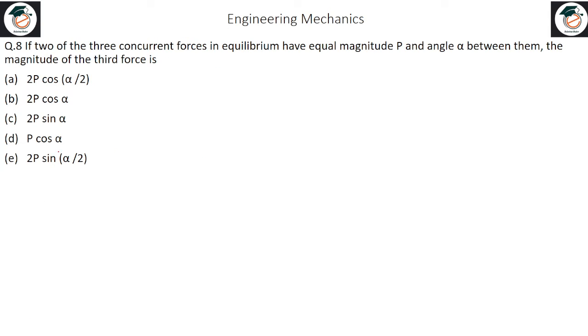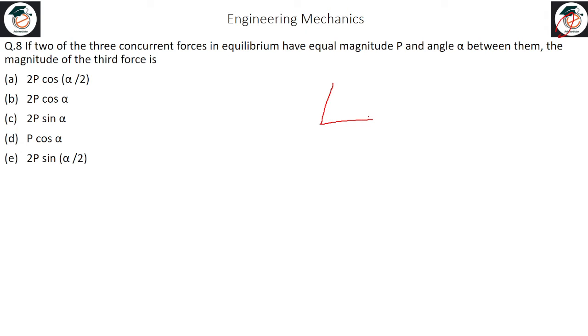If two of the three concurrent forces in equilibrium have equal magnitude P and angle alpha between them, what is the magnitude of the third force? So this is our condition.